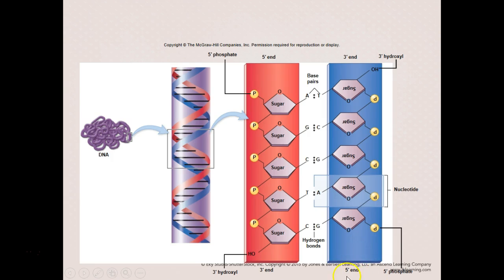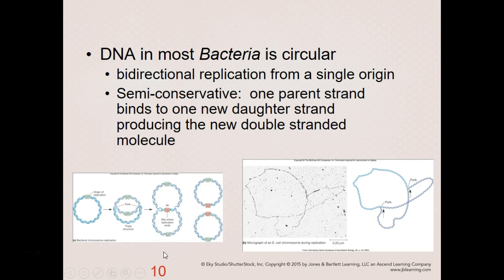So here's the 5' end down here of the blue strand, 3' end, 5' end, 3' end. So everything is opposite for each strand. And this process is called semi-conservative because one parent strand binds with a new daughter strand, producing two new double-stranded DNA molecules that consist each of a parent and a daughter strand.